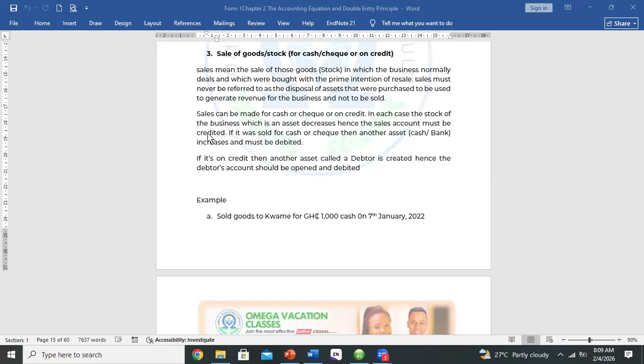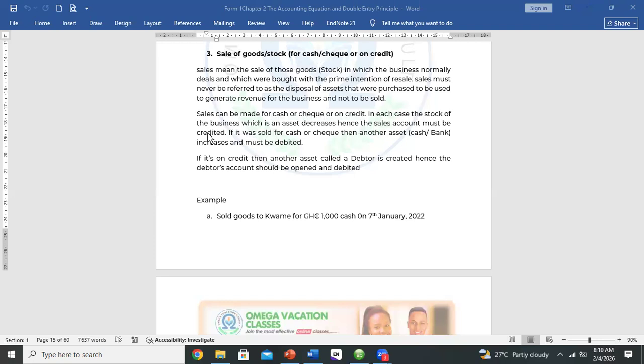The same way, if you are, let's say, an estate business, those who deal with buying and selling of land or buildings, okay? If you go and buy a land, if you are not careful, you say that the person is buying a fixed asset, right? So you might not open the sales account if the person was selling the land, because you think it's an asset.